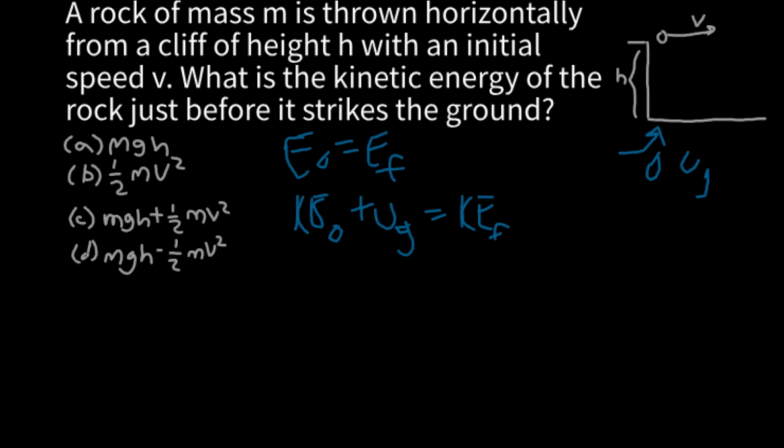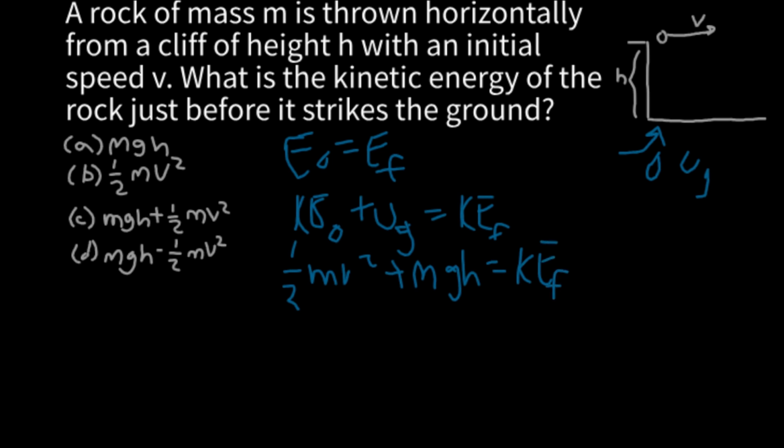So now we just need to put in our equations. We know kinetic energy is 1/2 mv squared. We are given those variables. We know our potential energy is mgh, and we are also given those same variables. And that is equal to our final kinetic energy.